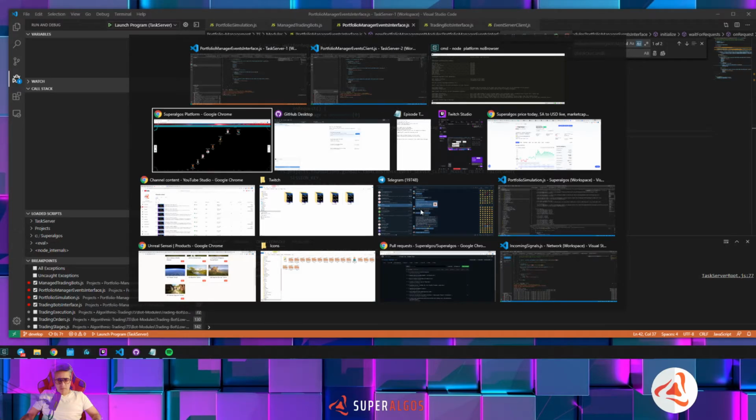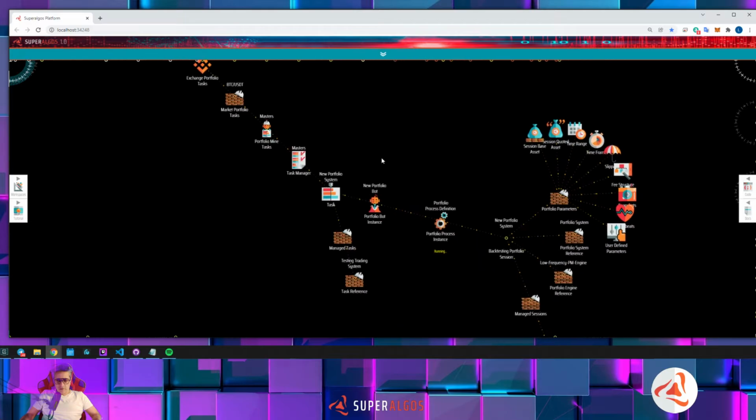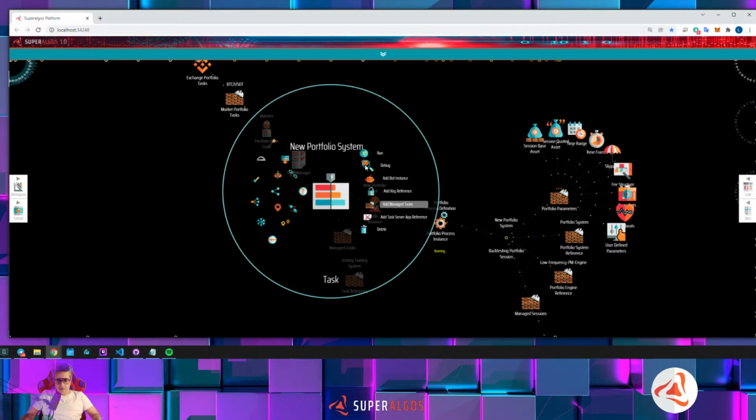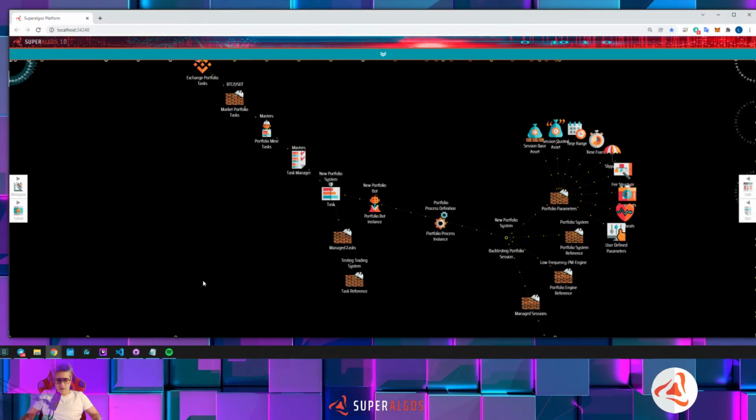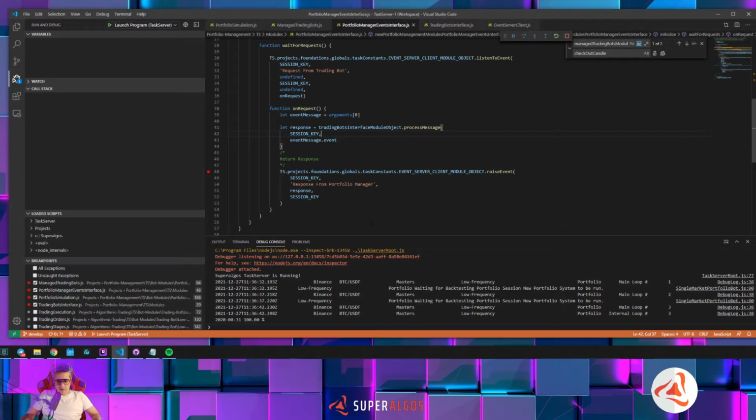Run. And we connect it from here. Debug. So now it's running and we run the bot. And it's waiting.